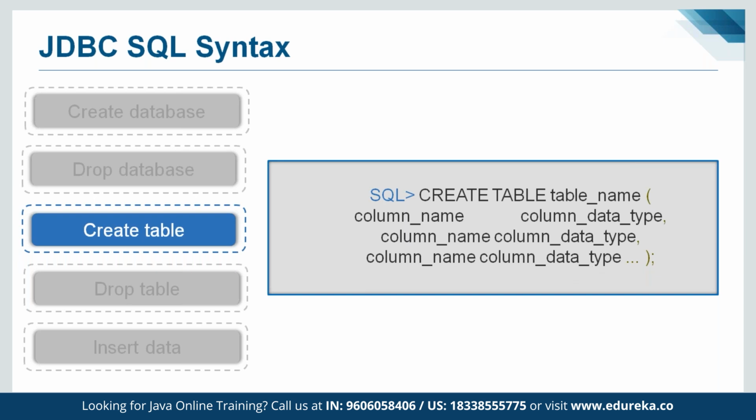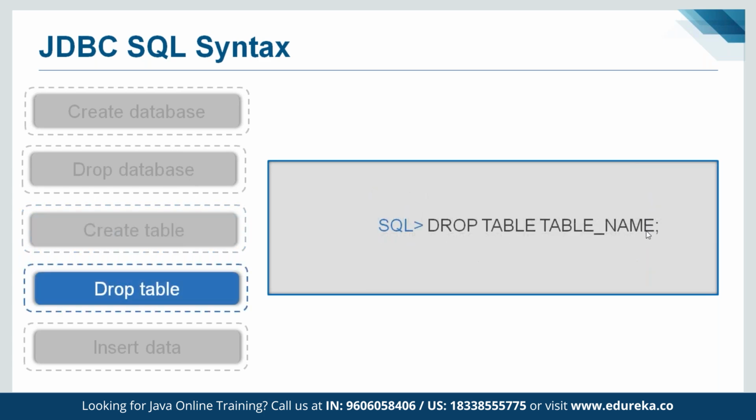So a table contains multiple columns, and for each column we define what type of data it can have. So create table is the SQL command. The other one: once the table use is over, before dropping the database, if you want to drop the table, we can say drop table name. This is the SQL command.